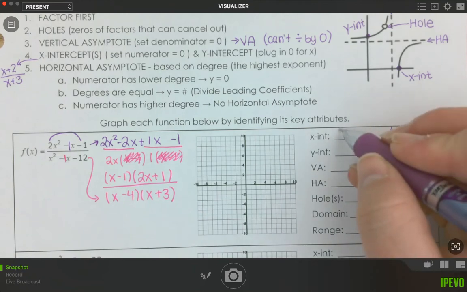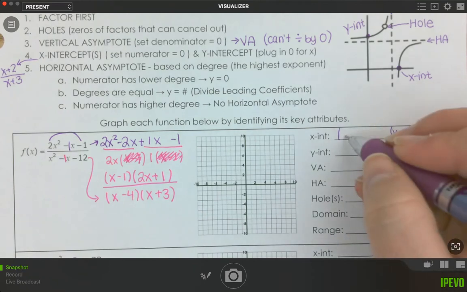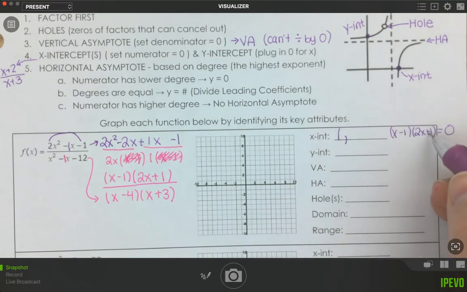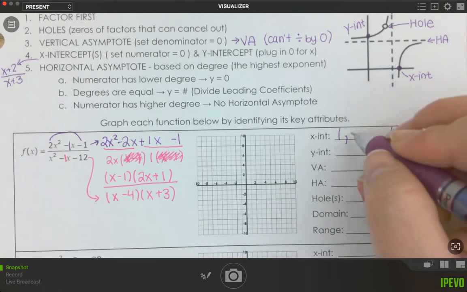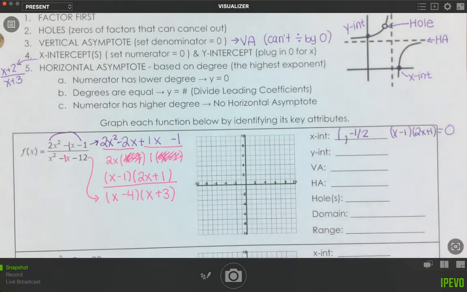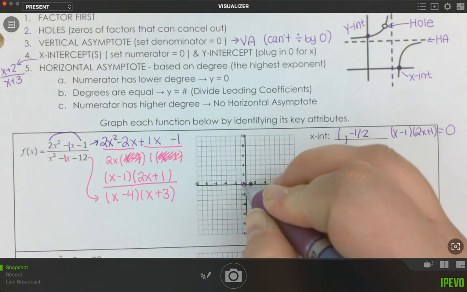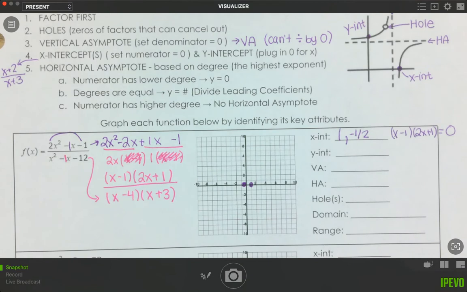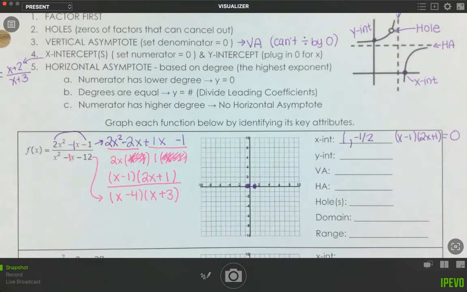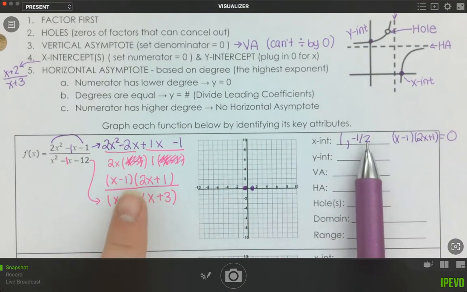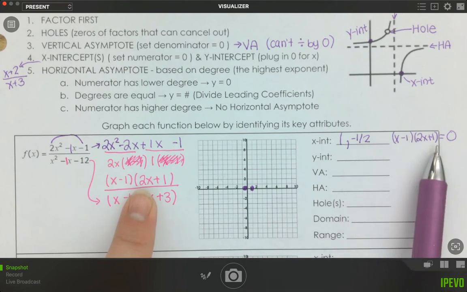So that's going to be two answers, 1, and this one is going to be -1 divided by 2. So 1 and -1/2 on the x-axis because those are my x-intercepts. Once again, x-intercepts means you set the top part equal to 0.